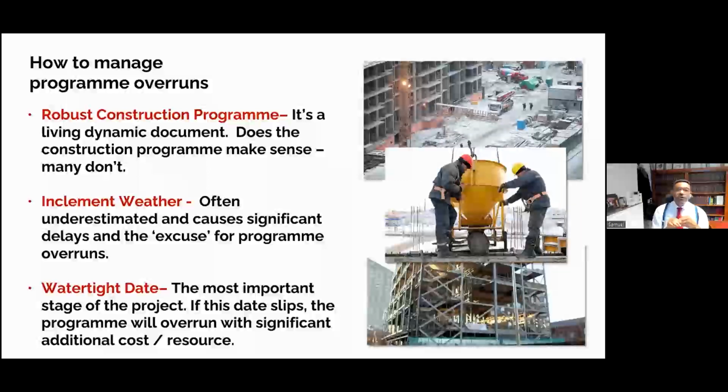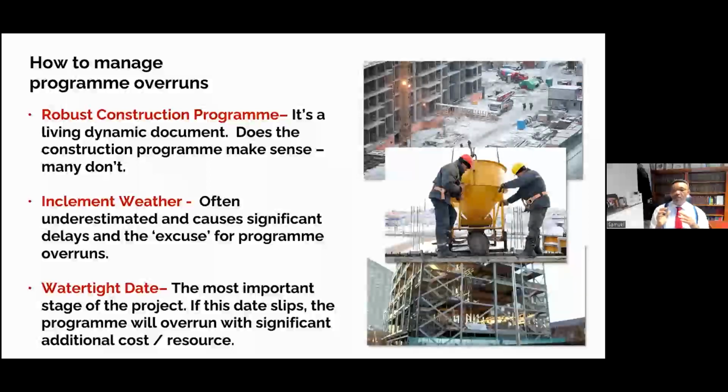Now, more often than not, if you're building through the winter months, inclement weather is a significant excuse, as I see it, for program overruns. But then if you're going to be building through the winter months, have you made an appropriate allowance? Have you designed your structure such that you can achieve the earliest possible watertight date?